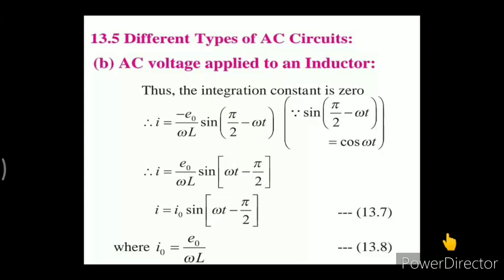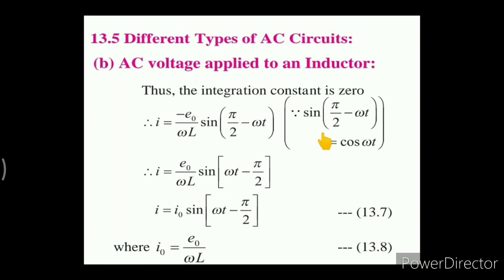Now, as the integration constant we are taking as 0, we can say that I is equal to minus E0 upon omega L cos omega t.